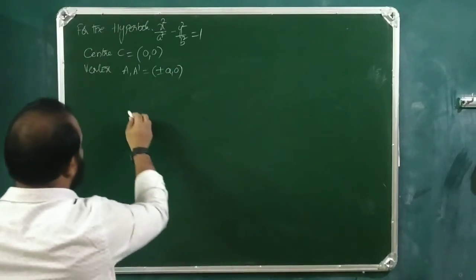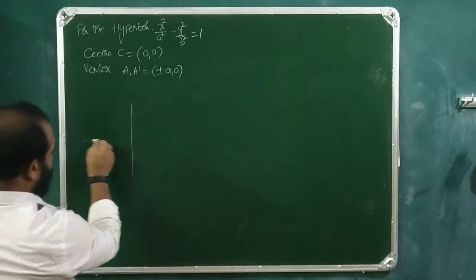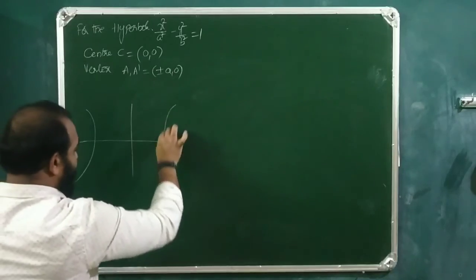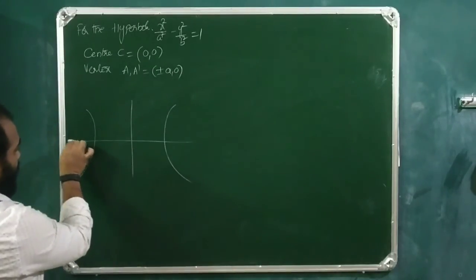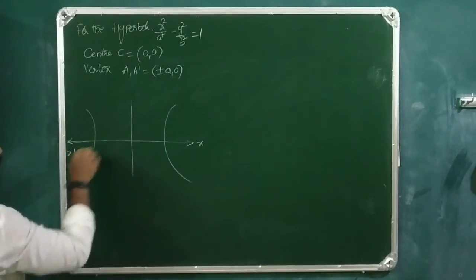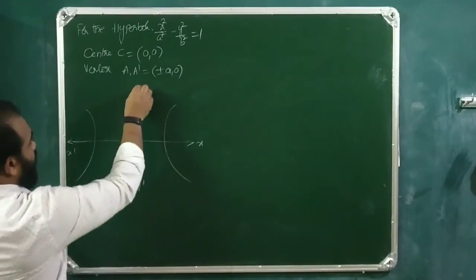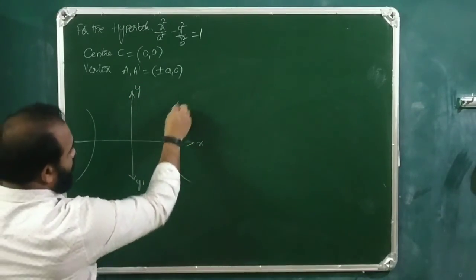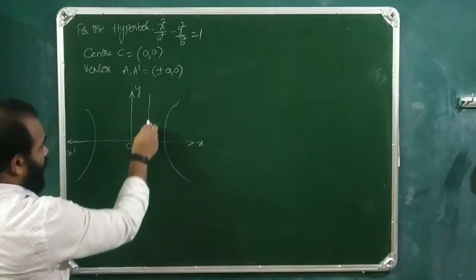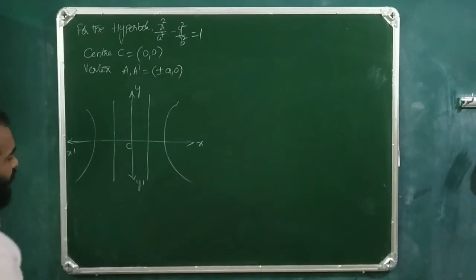So the hyperbola is of this form. X x dash, y y dash. So this is the center of the hyperbola. These are the directrices.